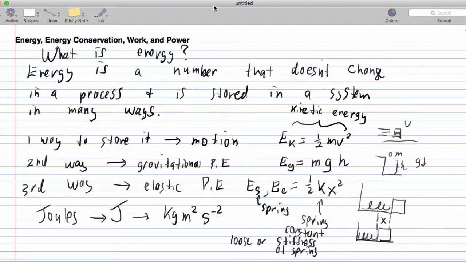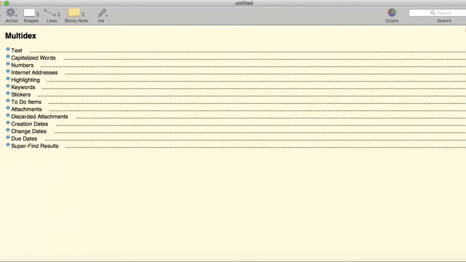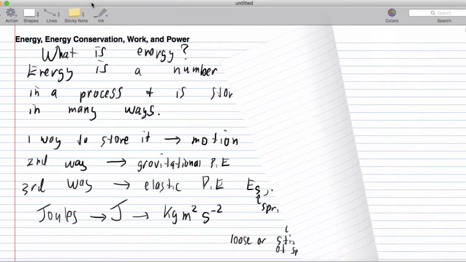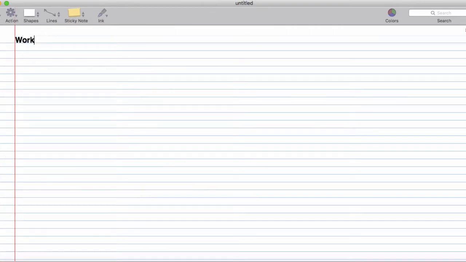Okay. Now, the next thing I want to talk about is a little bit of how we use energy in problems, and I'm going to use the idea of work and energy.